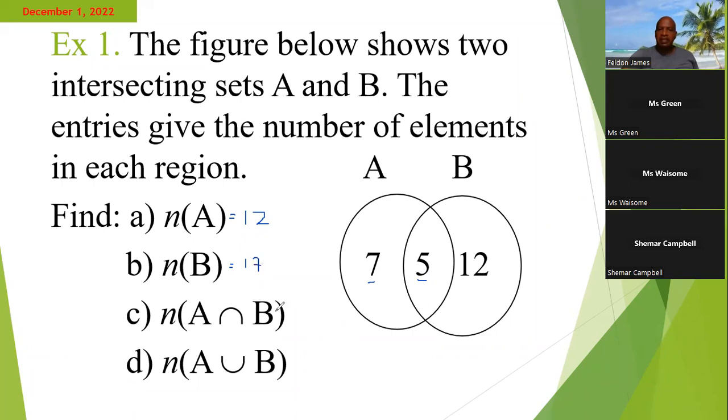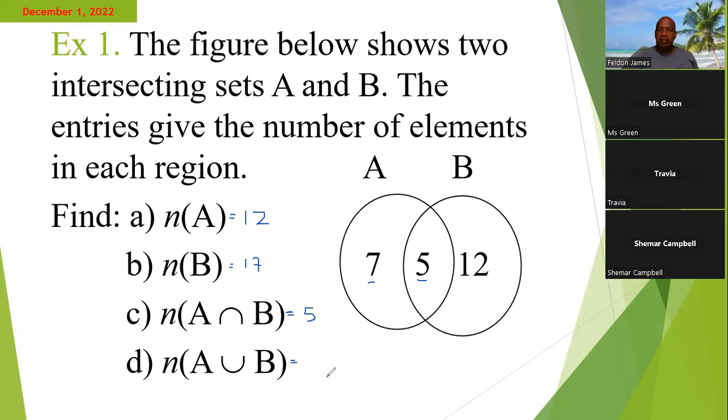How many members in the intersection? 5. Correct. How many in the union? It is A union B, sir.